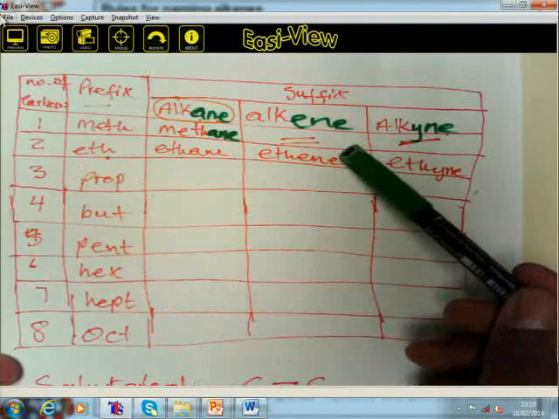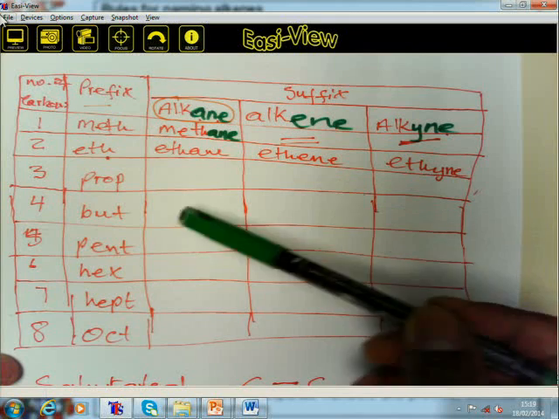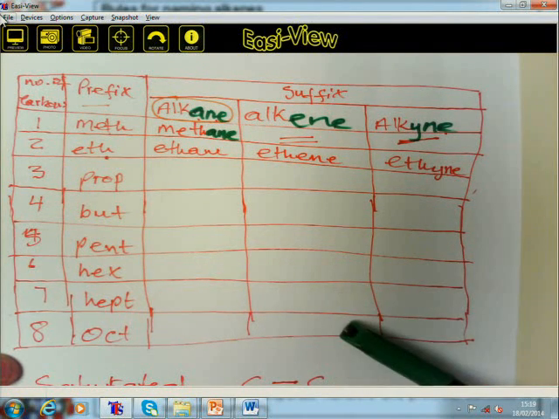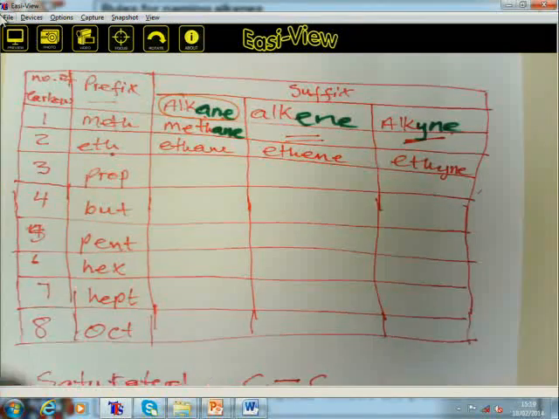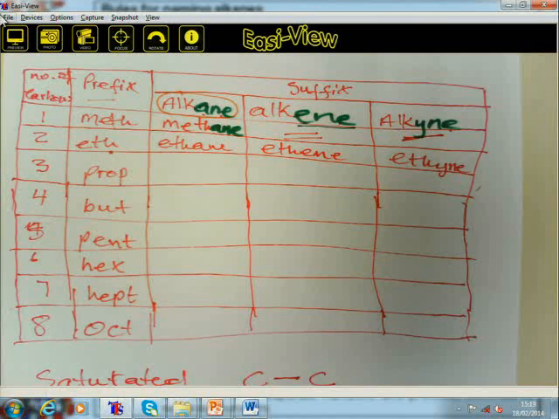For 2 carbons, we have ethene. For 3 carbons, it will be propene, butene, pentene, hexene, heptene, and octene. They all end with ENE because they belong to the alkene homologous series.